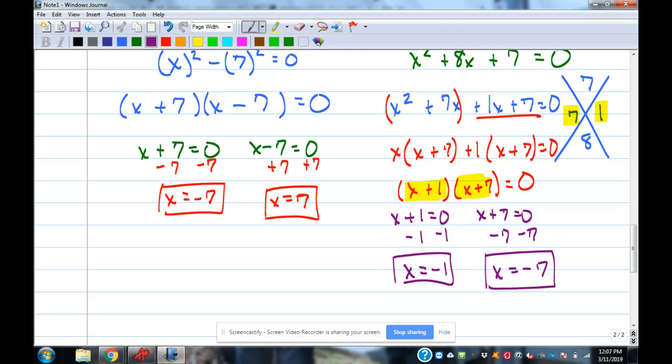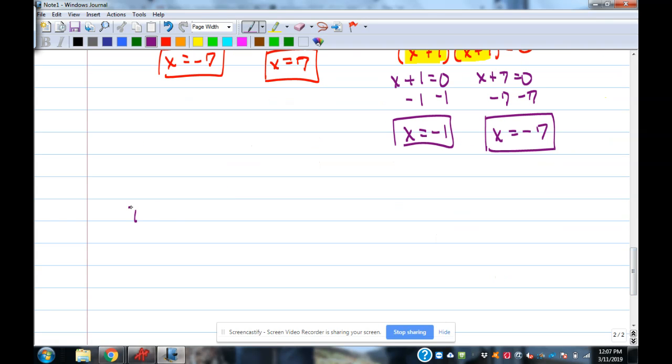It does not get any more complicated than what we've done. The key things are, number one, get it equal to 0. Number two is that descending order.